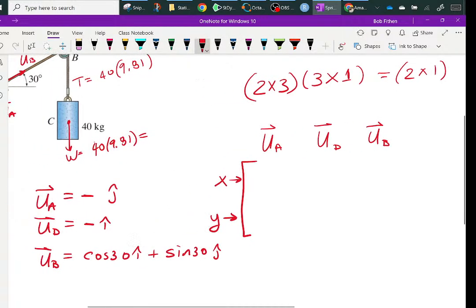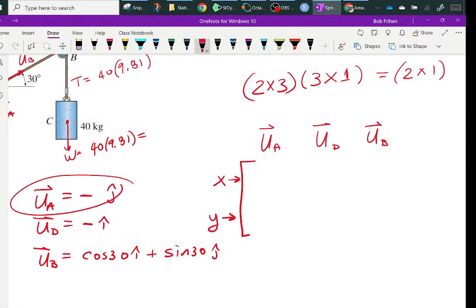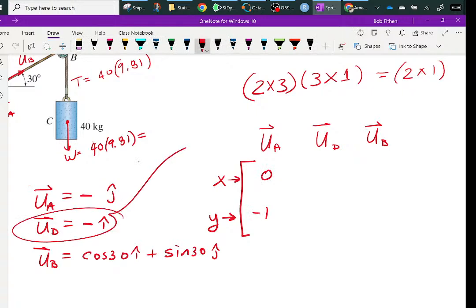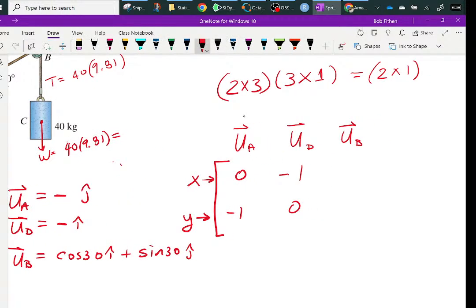So I'm just going to list these in a column. Looking at this one, I list 0, minus 1. This one is minus 1 and 0. What does this mean? Yeah, cosine 30.